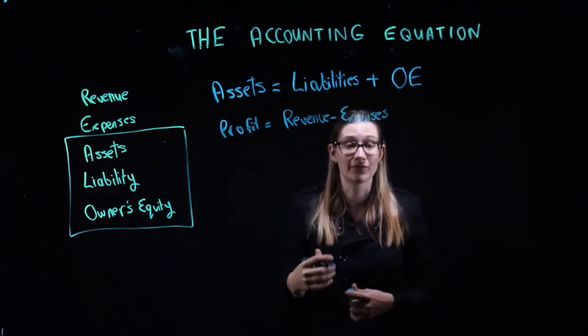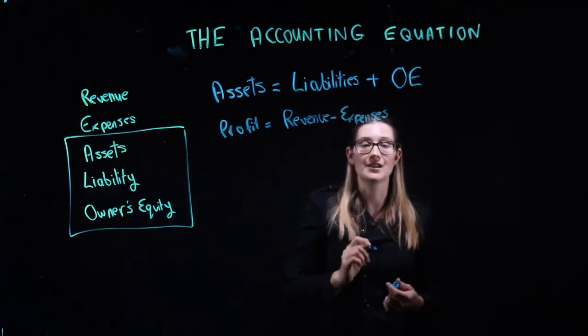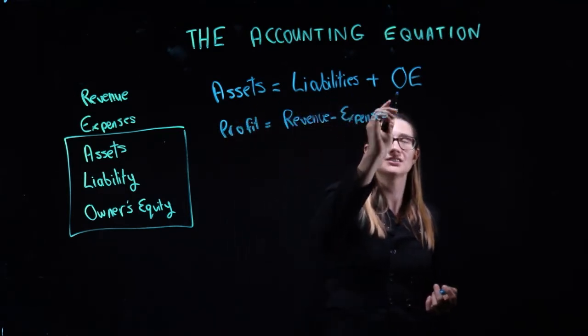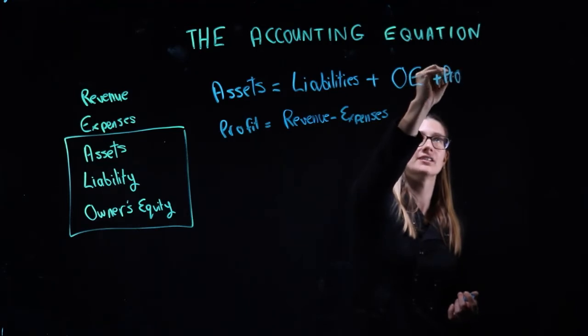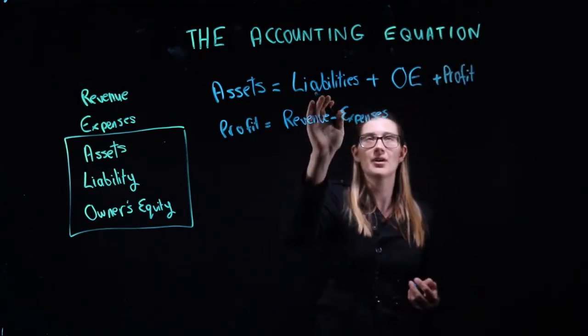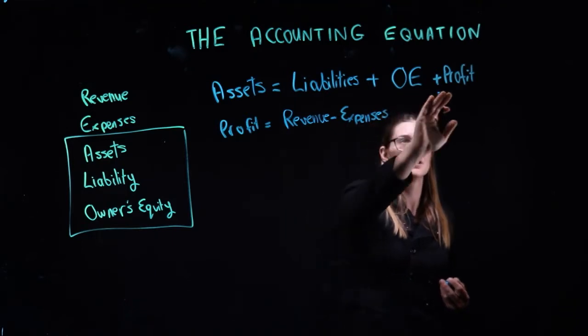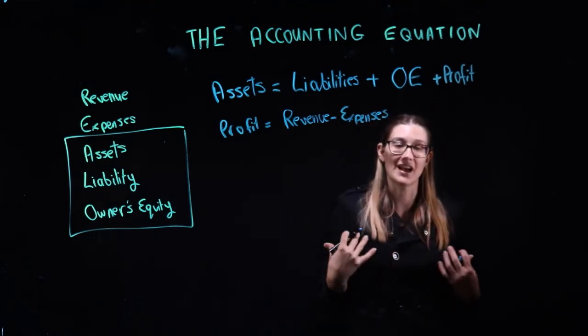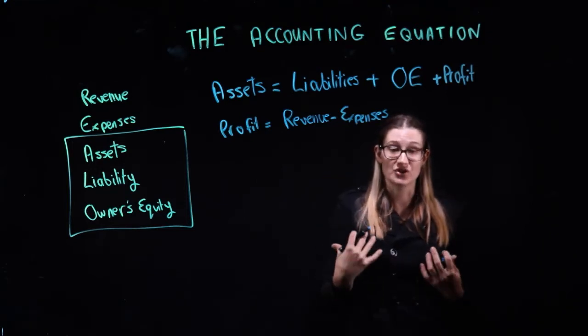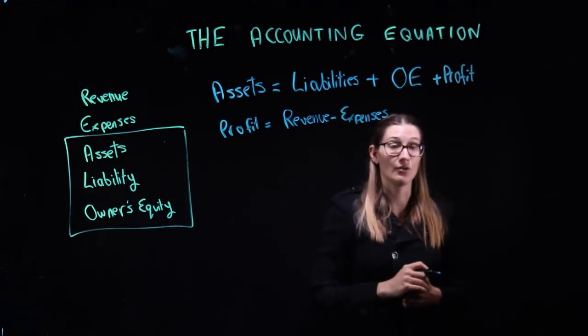And when we look at our full accounting equation, we can add profit into the equation. So we can have assets is equal to liabilities plus owner's equity plus profit. Everything you own is equal to what you have borrowed plus what the owner has contributed plus any money that you have made as a business. So let's put this accounting equation together with all of the accounts of the business.